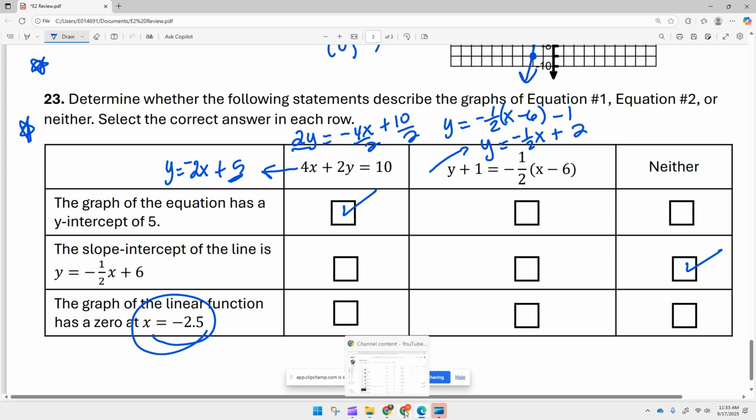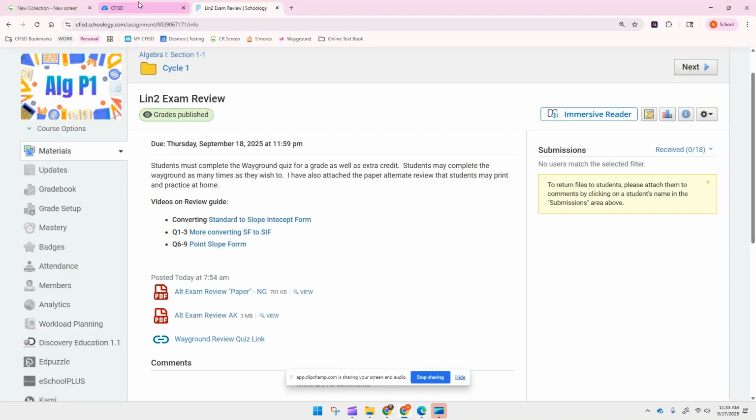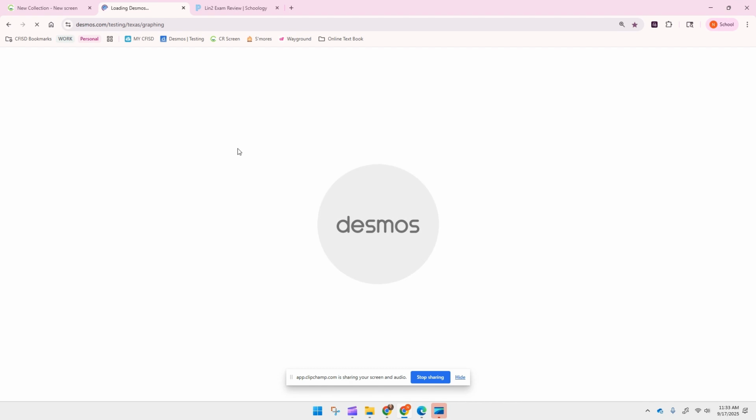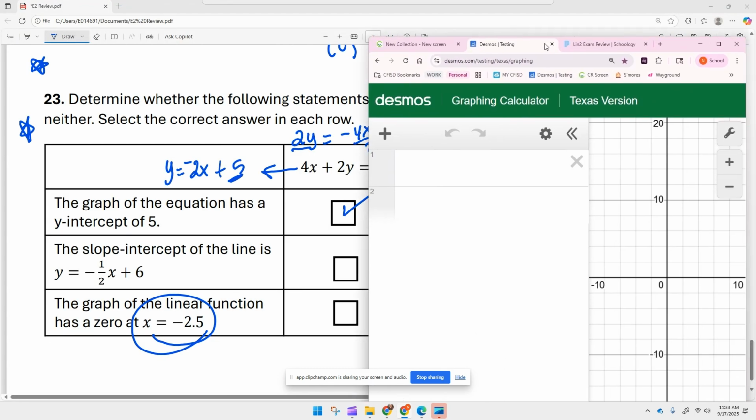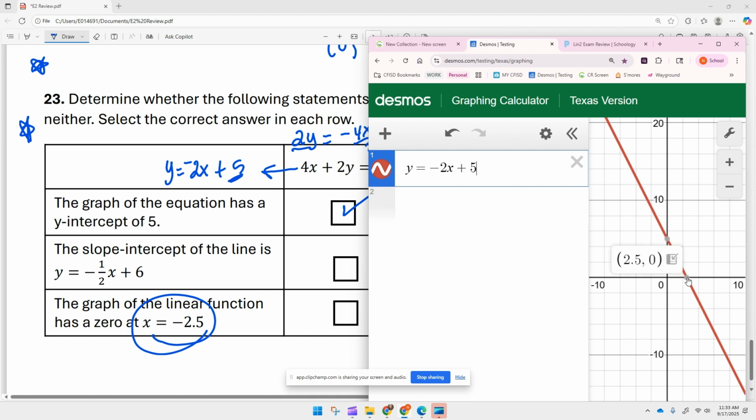So I'm going to open up Desmos and I'm going to graph. We're going to graph y equals -2x plus 5. That has an x-intercept of positive 2.5, but not negative.